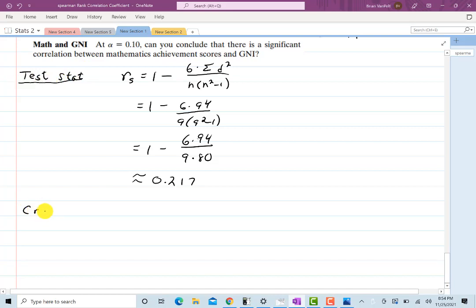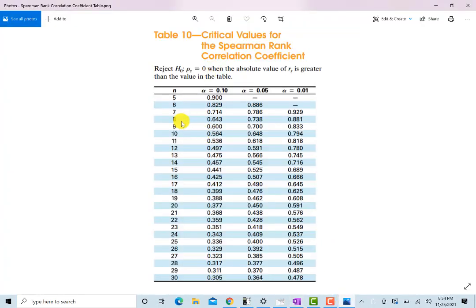For the critical value, we have alpha equals 0.10, n equals 9. Let's go ahead and pull up that table. 9, that's 0.600 out of the table.